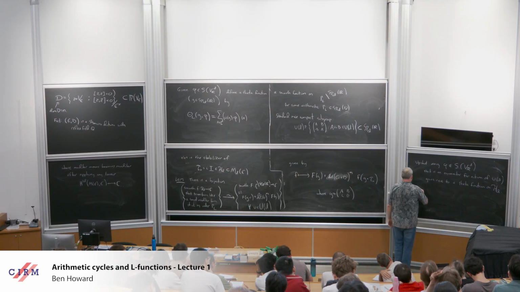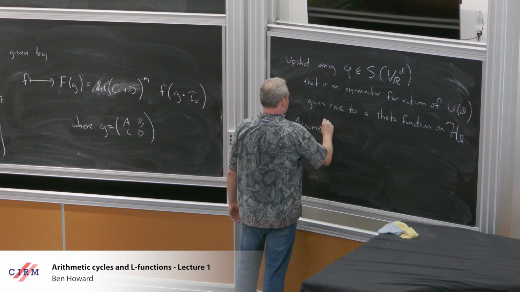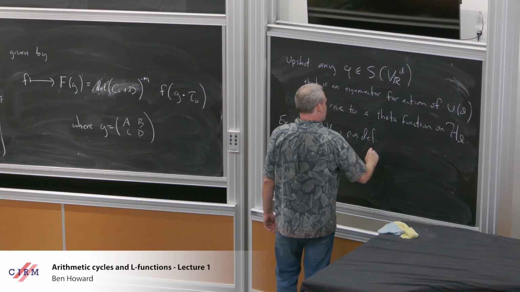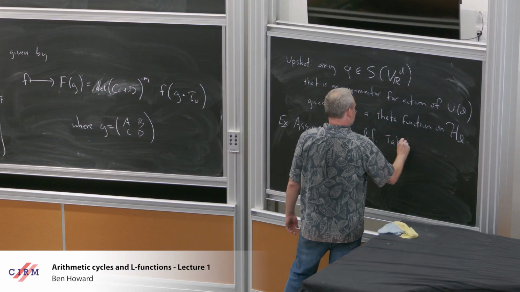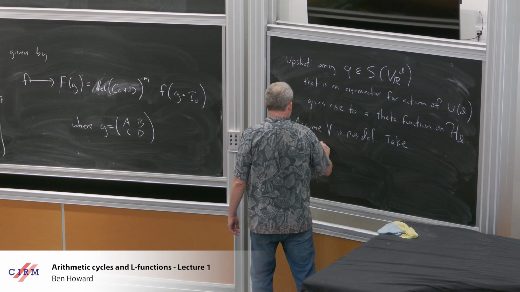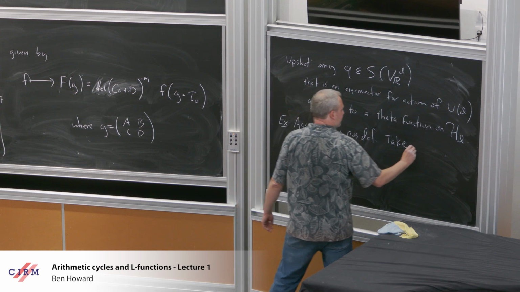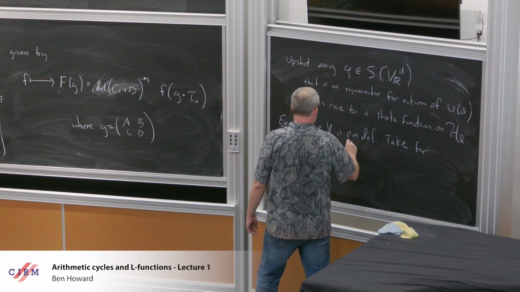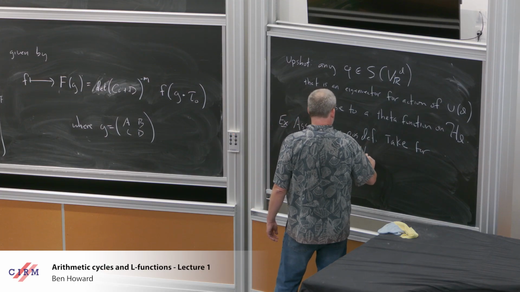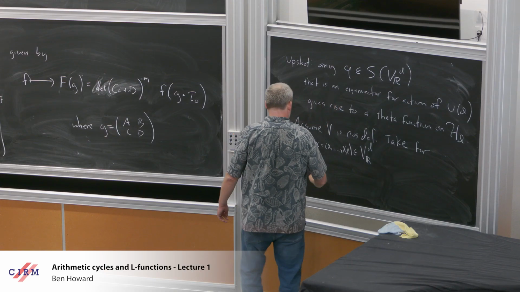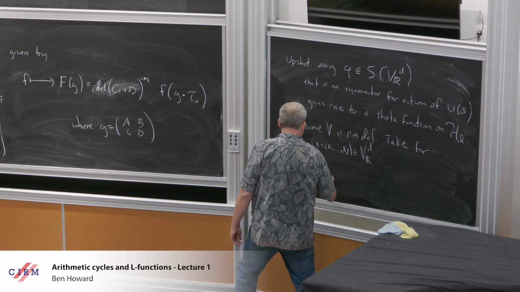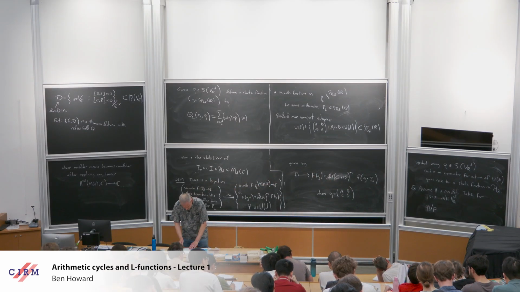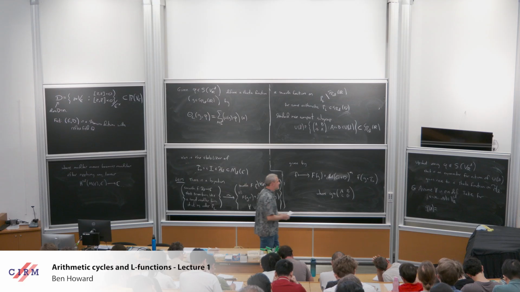So here it is. Now assume that V is positive definite. For x equals x1 to xd, the d-tuple, phi of x equals, you just take the standard Gaussian.